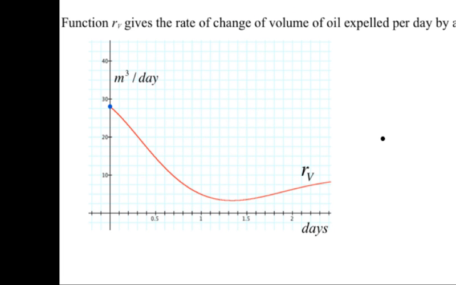We've been working with it. What are the coordinates of that point? Let's see, Angela. And what would you say r sub v of 0 is? What would you estimate it to be? Yeah, 28.